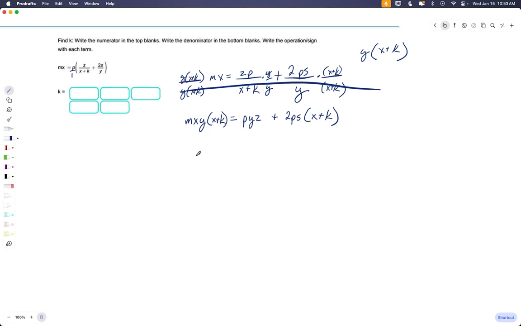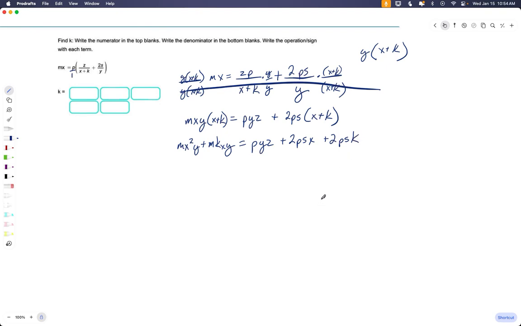All right, so this is going to be a long one. I'm going to distribute. So mx squared y plus mkxy is equal to pyz plus 2psx plus 2psk.